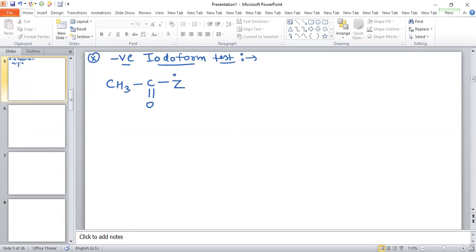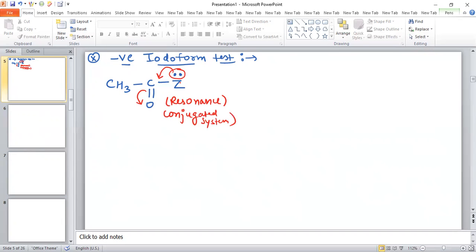This Z group has a lone pair of electrons, and this lone pair is in resonance, because this is a conjugated system.